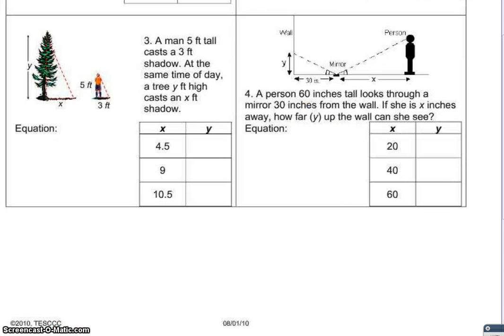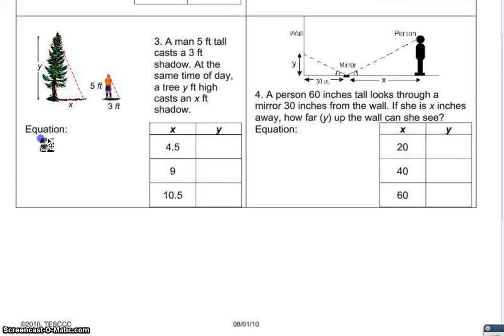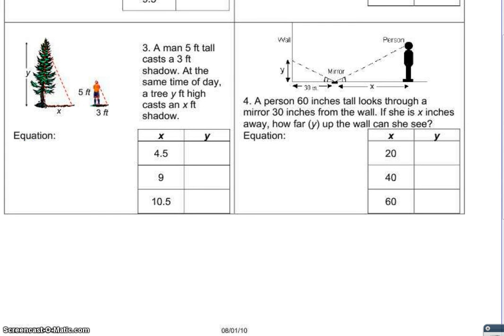Let's look at number 3. It says a man 5 feet tall casts a 3 feet shadow, and at the same time of day, a tree y feet high casts an x shadow. Remember, just like we did before, these are triangles, so I can set up similar triangles, which means I'm going to set up a proportion. So I'm going to have y over x equals 5 over 3.